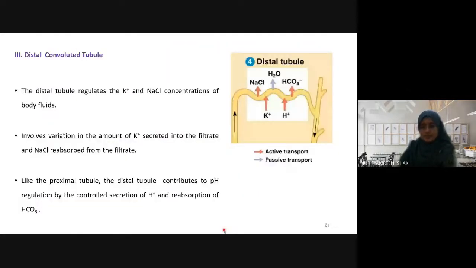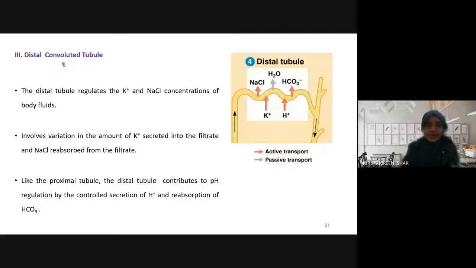So after the ascending limb of loop of Henle, it enters into the next region which is the distal tubule. Okay, distal convoluted tubule. Okay, convoluted is highly folded. So in the distal tubule, it regulates, okay, it controls the potassium ion and also sodium chloride ion concentration of the body fluid.